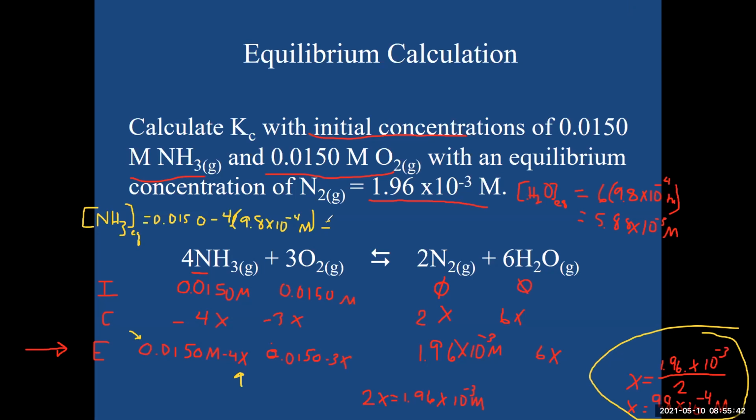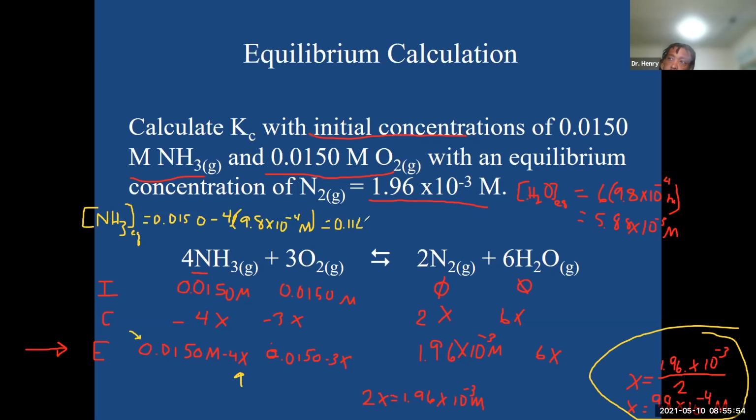What was that? 0.01108? 0.01. Okay, so 3 sig figs, it would be 0.0111. That seems like a little much.